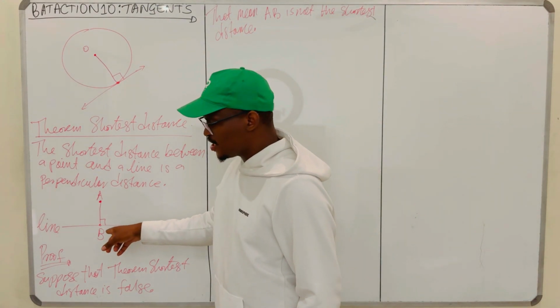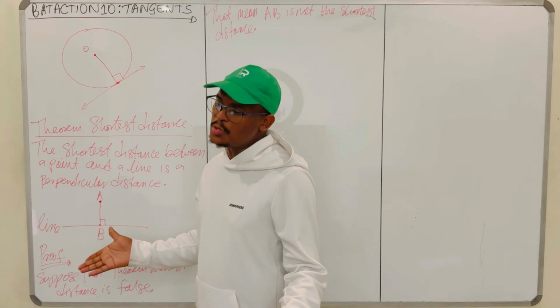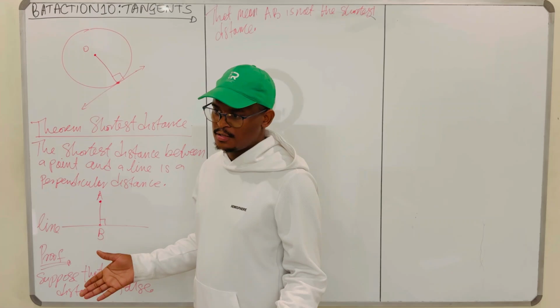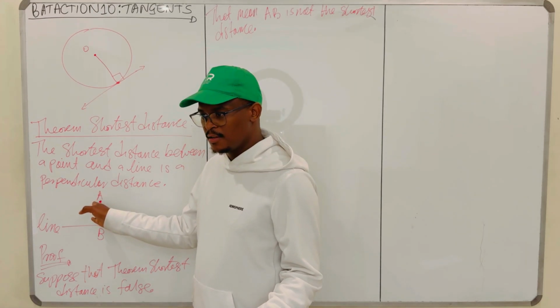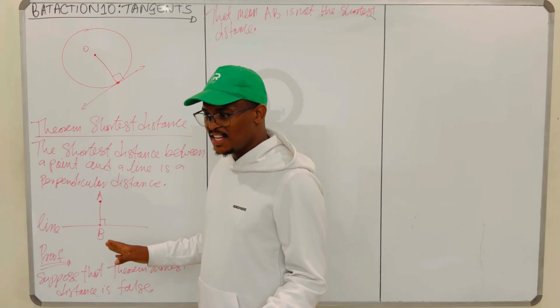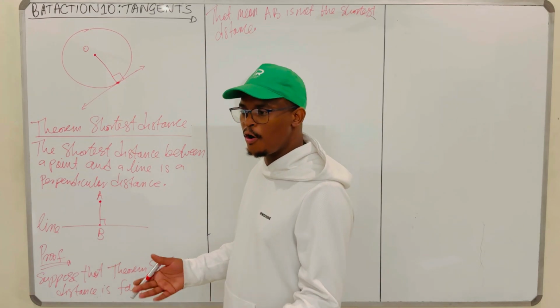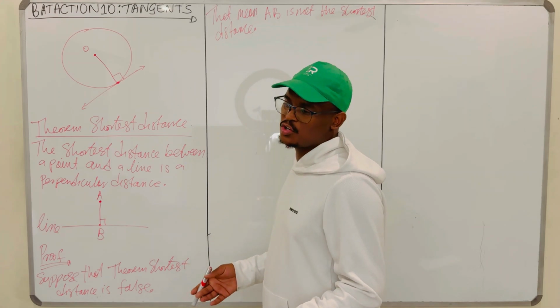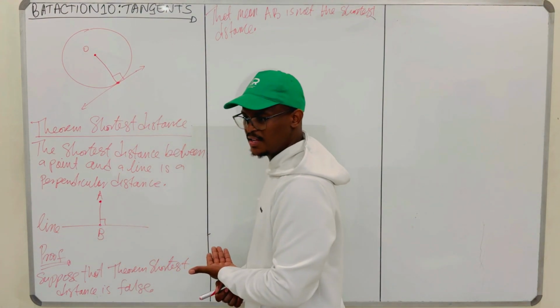If AB is not the shortest distance, there should be another point somewhere on the line that will give us the shortest distance. There should be a closest point to A that lies on the line. So let's call that point C. Let C be a point on the line such that AC is the shortest distance. It doesn't matter if it's on the left or the right of B.